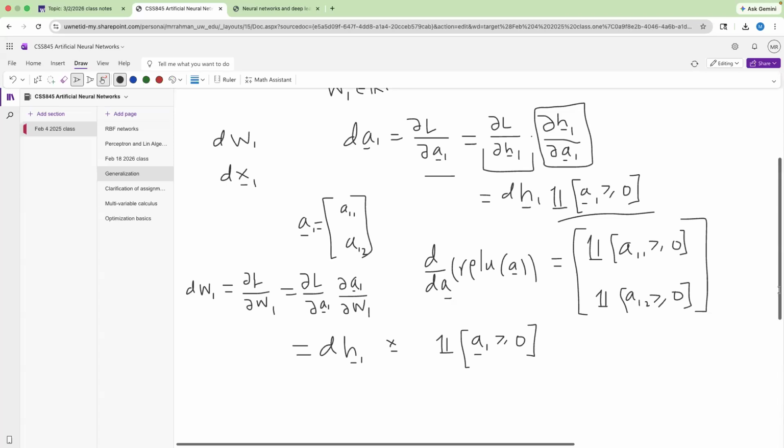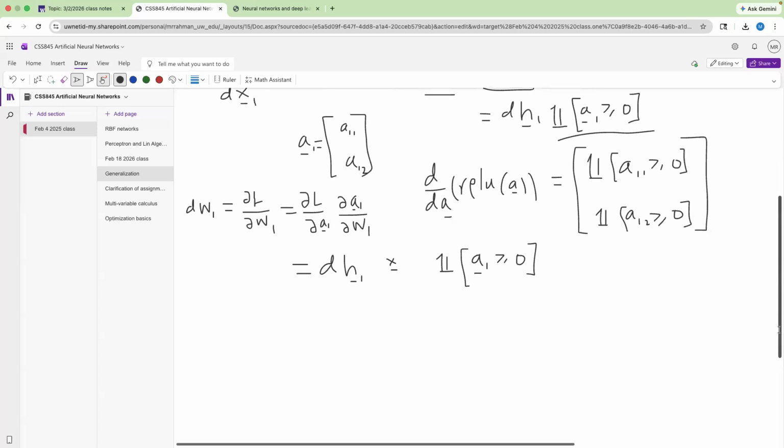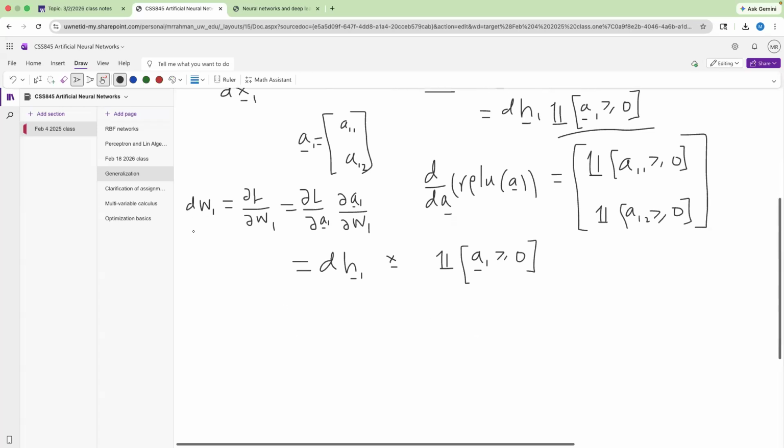So what we have to do here is now check the dimensions, right? So dW1 is the derivative with respect to a matrix W1. So this has to be D by D. What is dH1? dH1 is a gradient and it's a row vector. So it's going to be 1 by D. And X is a column vector. So it's D by 1, right?